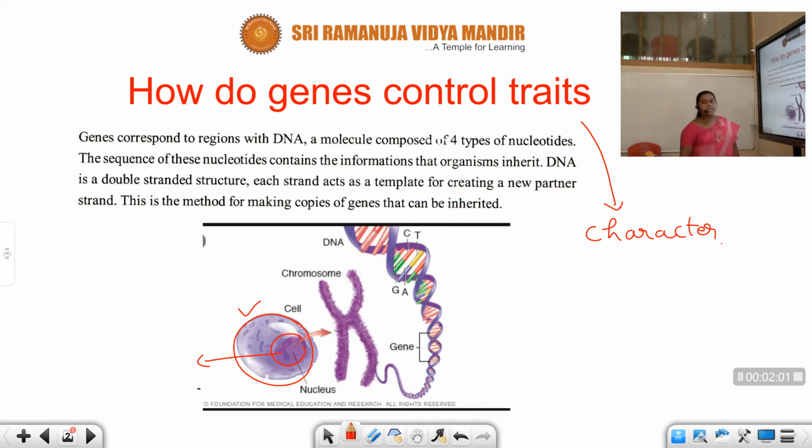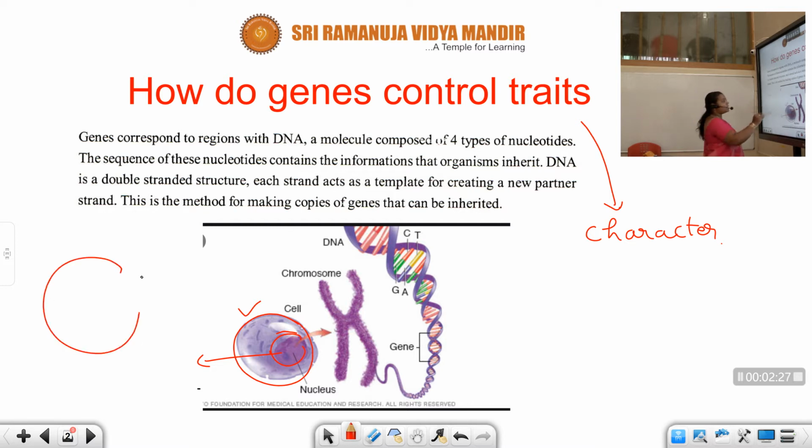The nucleus is a double membrane cell organelle. Based on the envelope present around the nucleus, organisms are categorized into prokaryotes and eukaryotes. I think you have learned about all these things in the previous lesson. Prokaryote means the cell in which the nucleus is not surrounded by any envelope.